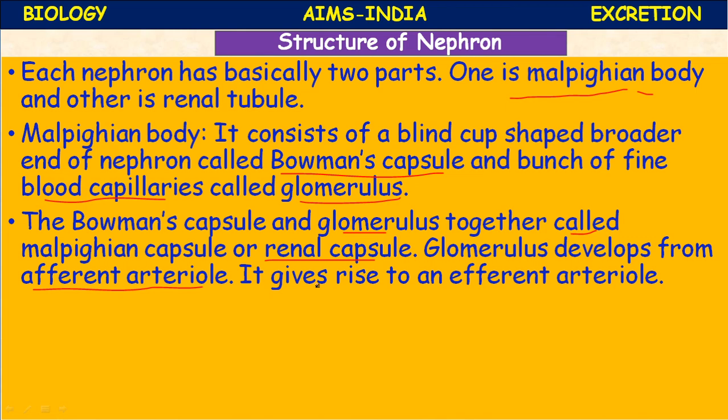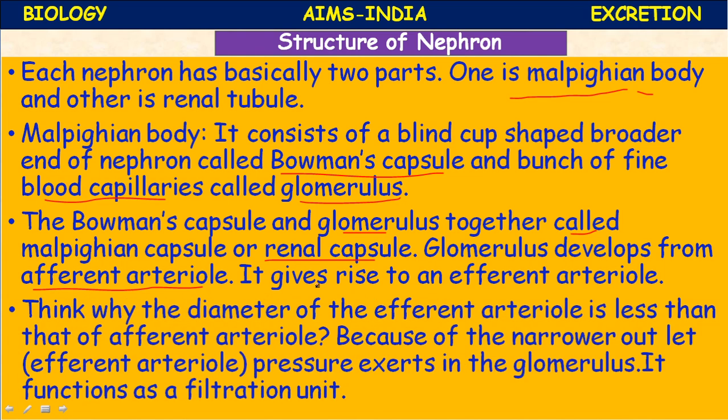The afferent arteriole is the arteriole entering the kidney; incoming is afferent, AFF, and EFF means outgoing. The glomerulus develops from the afferent arteriole, and it gives rise to an efferent arteriole.